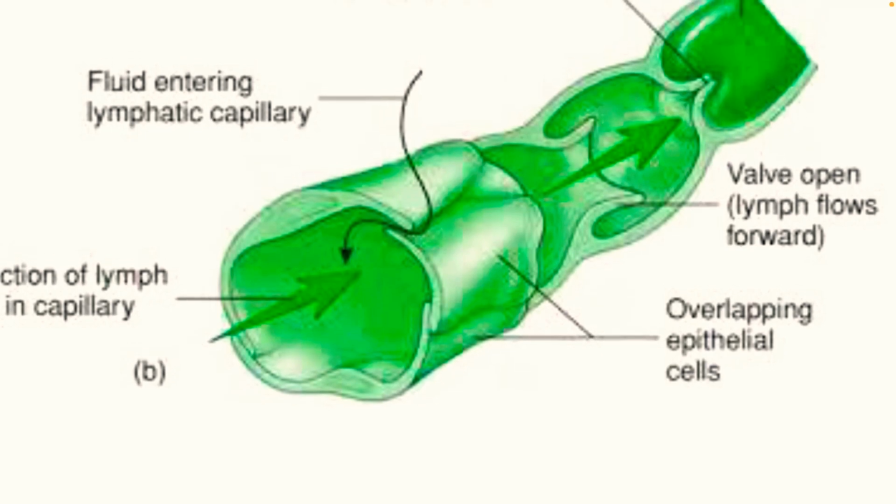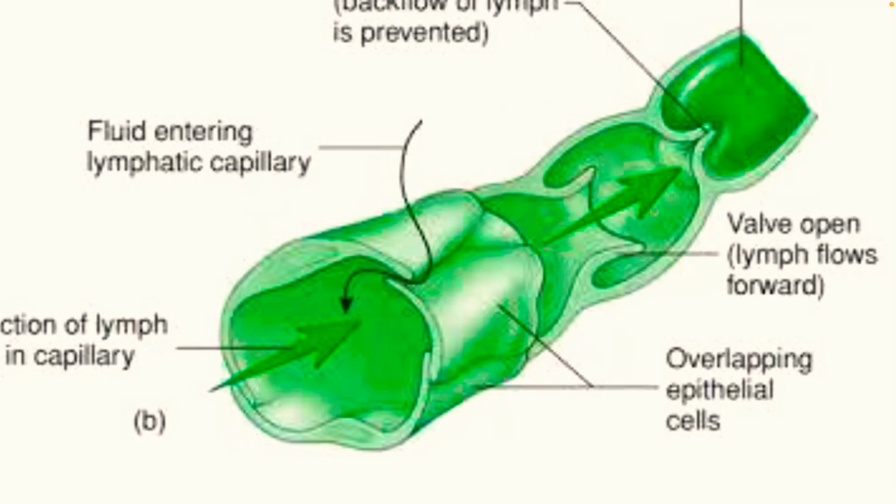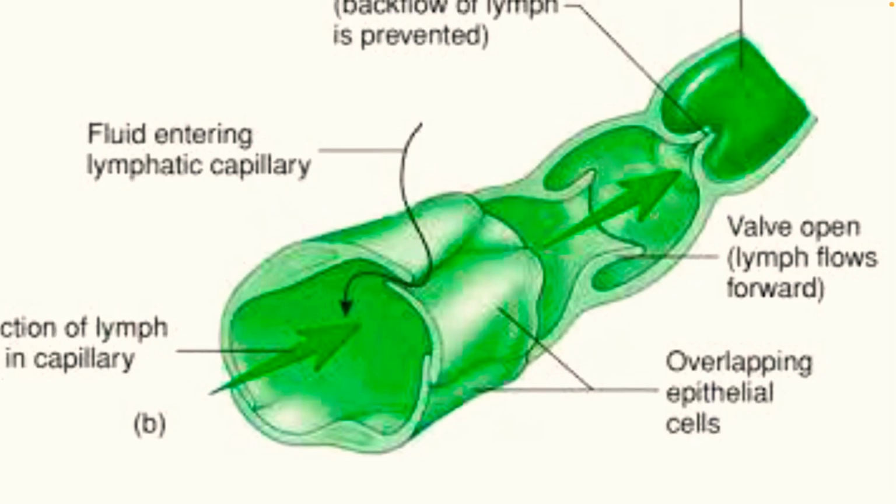And same as our blood vessels, they also have valves to ensure one-way flow of the lymph.